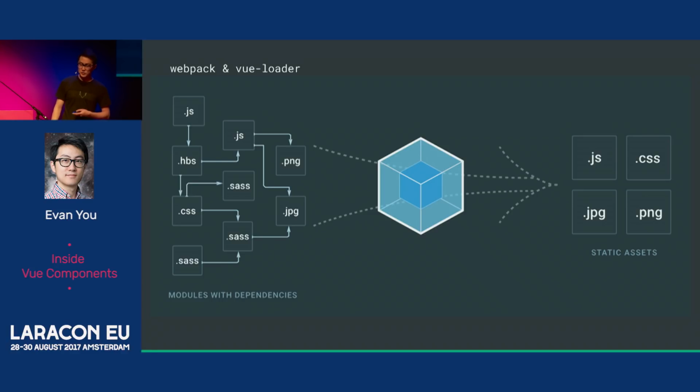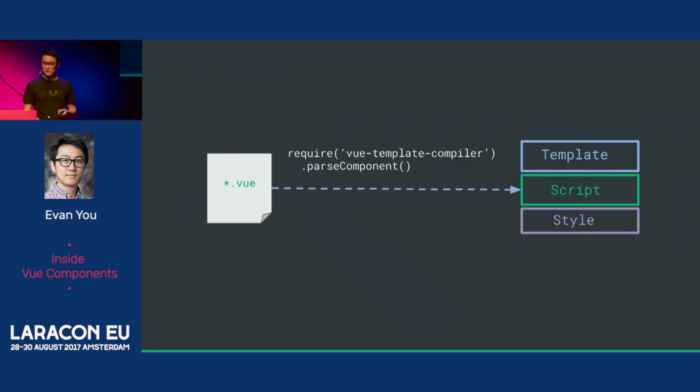Here we're going to talk a bit about what Vue loader actually does. The first thing we do is take a single Vue file and parse it. A Vue file is essentially, syntax-wise, the same as HTML.